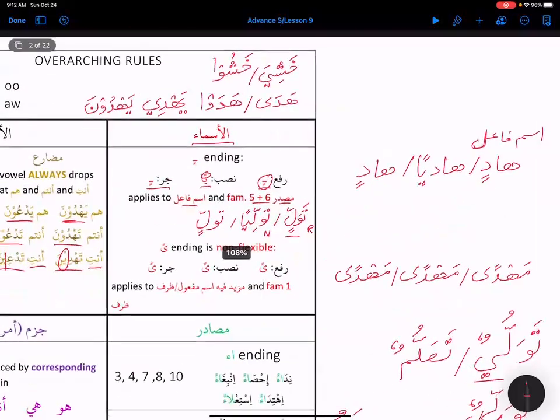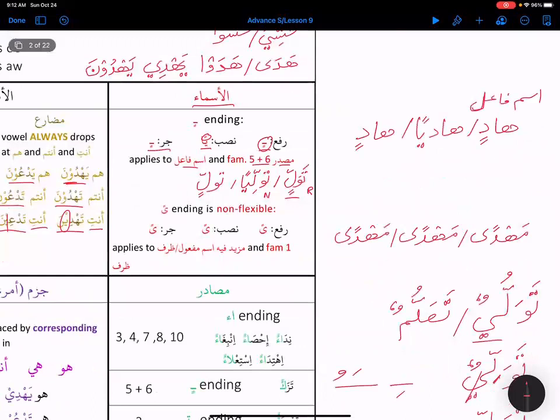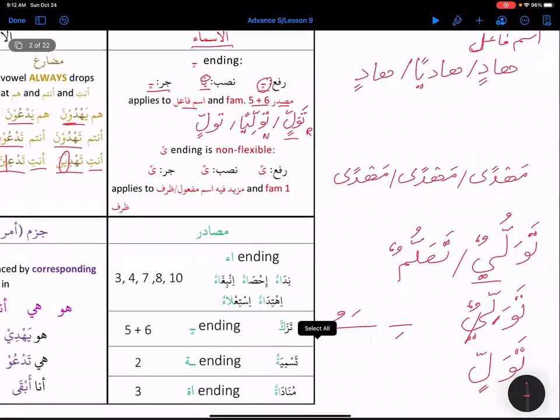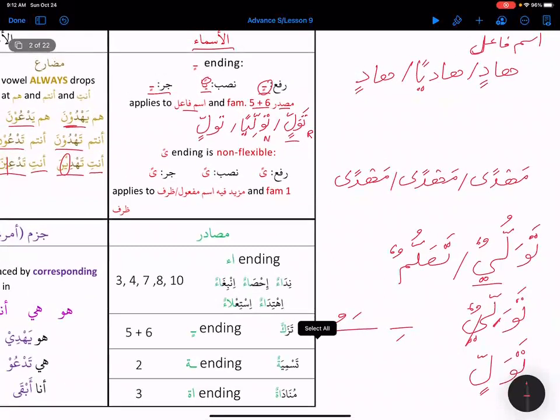Okay, so how does it become tawallin? Just my thought according to whatever rules we learned so far. Basically it should be tawalluyun, right? If we see ta'allumun, we bring on the pattern of, I'm talking about family 5. So if we bring on the pattern of ta'allumun, that should be tawalluyun.